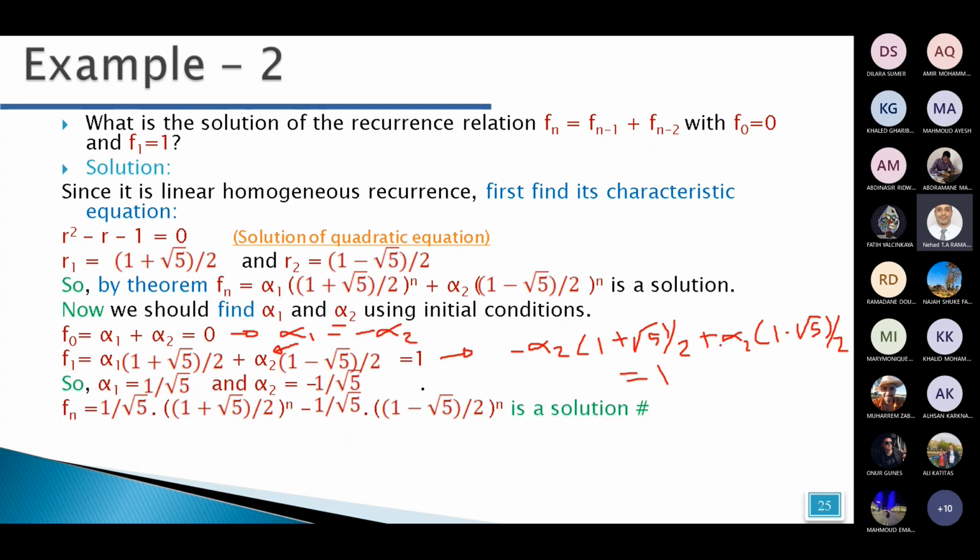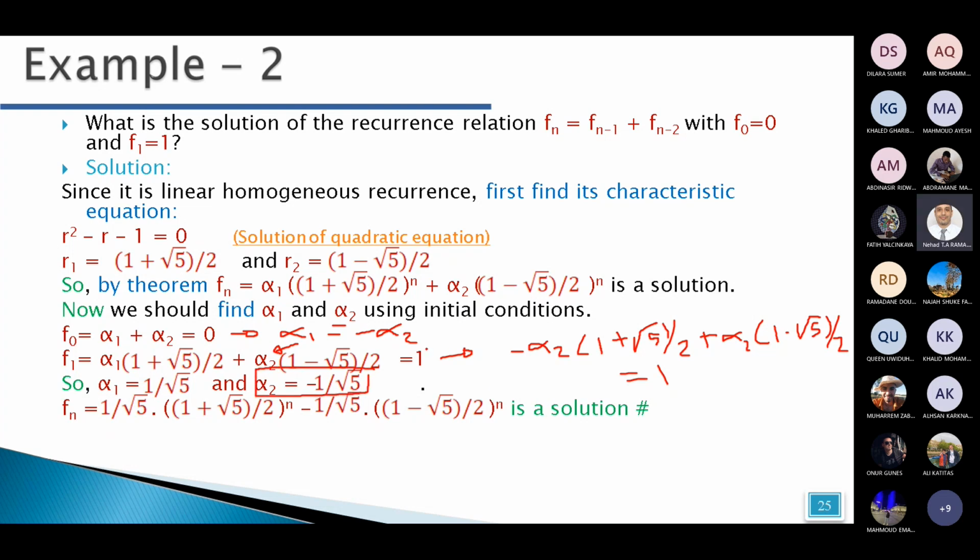So we have only alpha 2, then you can simply get alpha 2: it's minus 1 divided by root 5.